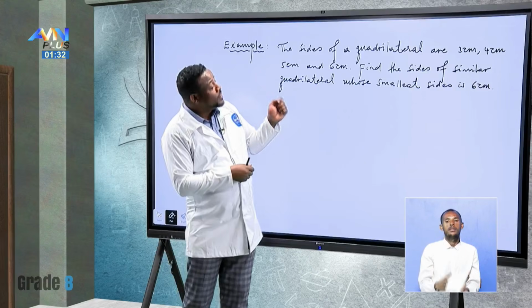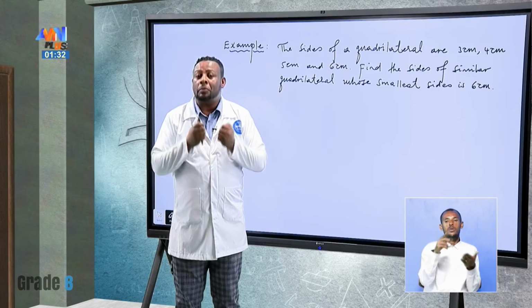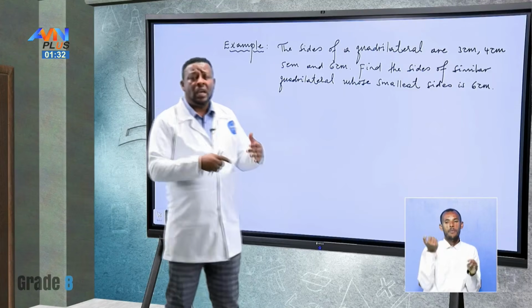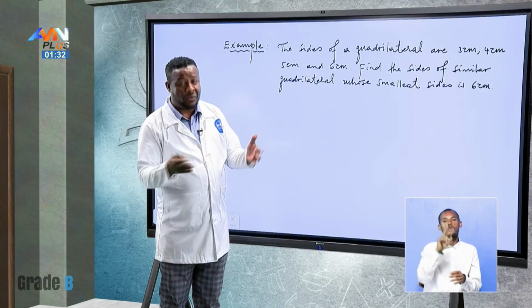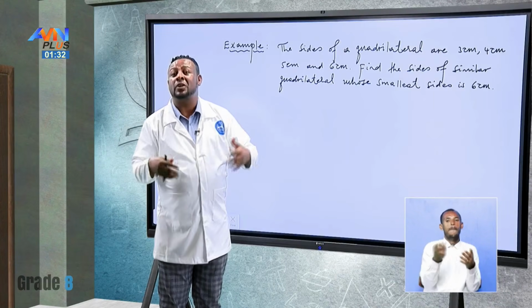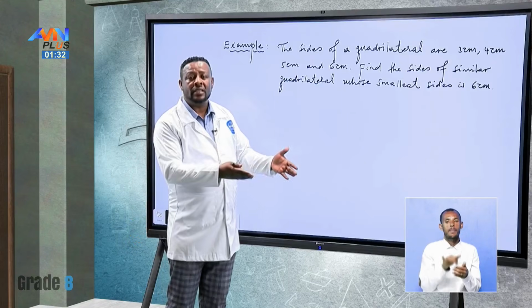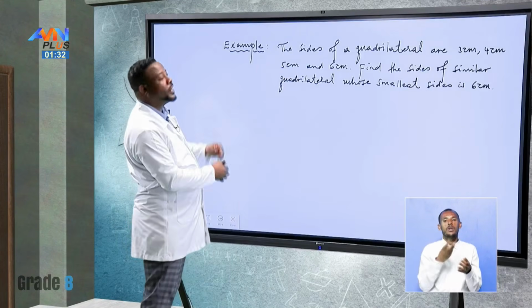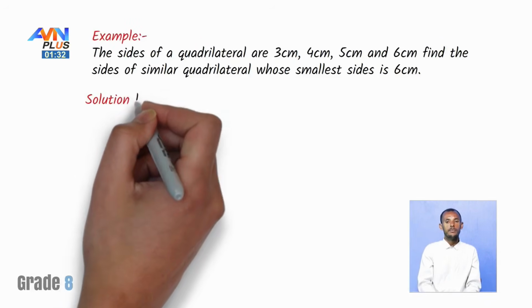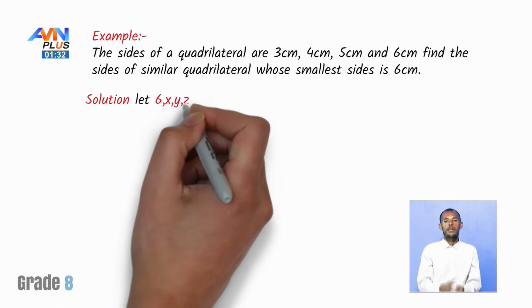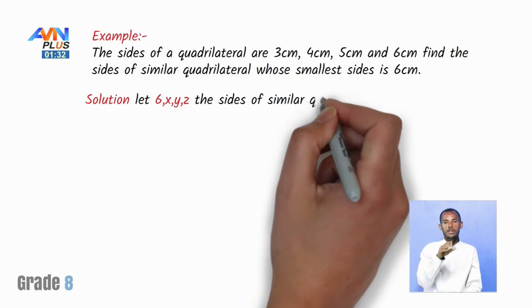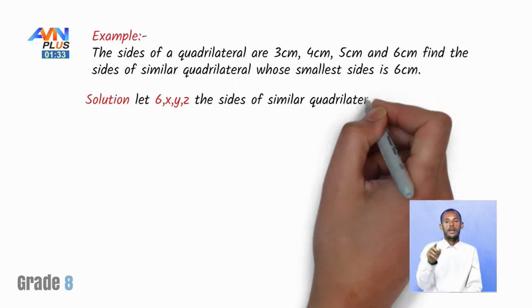Okay, to answer this, you need to apply the definition that I already stated, right? So by similarity of the two quadrilaterals, we mean that the ratios of pairs of corresponding sides are the same. So that is what we need to apply to find the unknown sides. So let's say 6, x, y, and z are the sides of the quadrilateral.